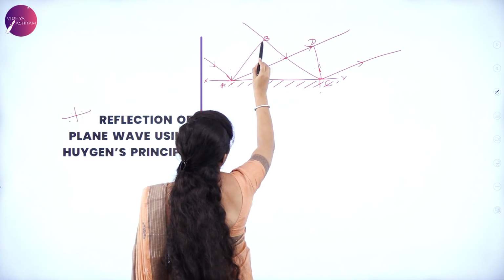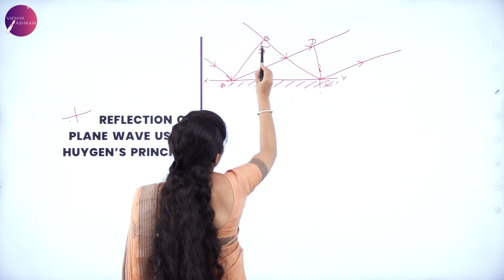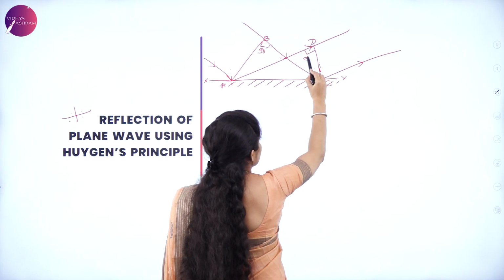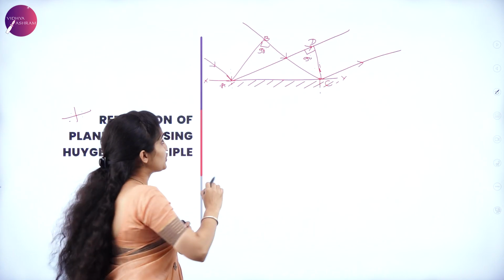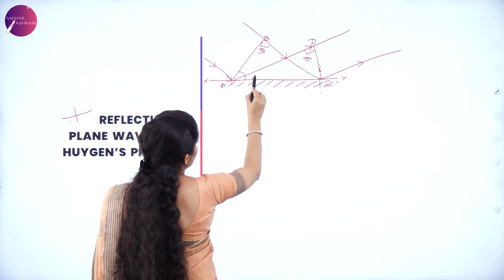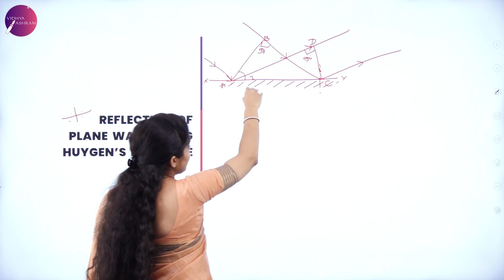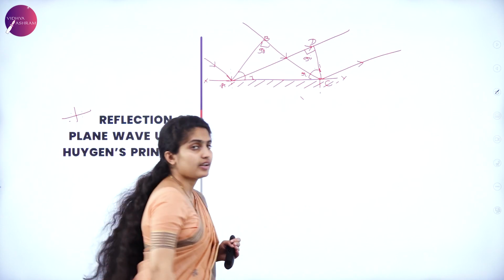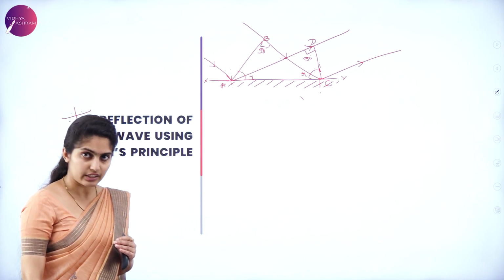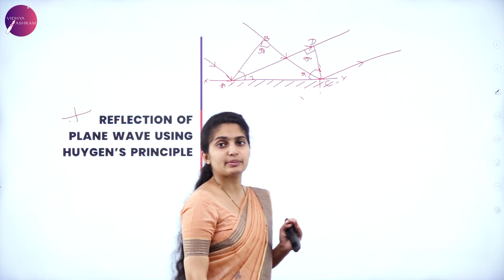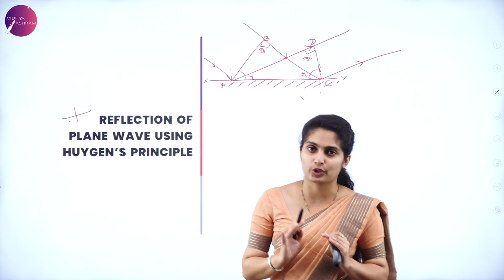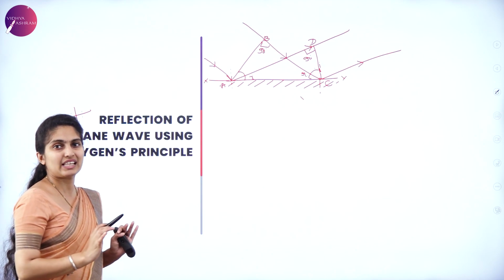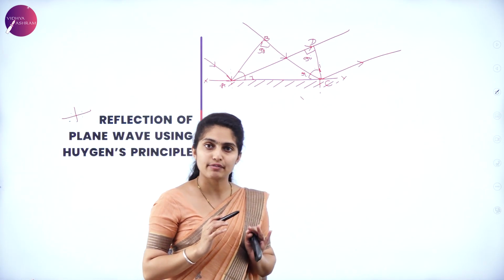So B makes 90 degrees, and D with respect to ADC makes 90 degrees. Here we have the angle of incidence, because the incident ray is from this side, and here the reflection takes place, so you can write the angle of reflection there. Understood? These are the basic concepts for reflection of a plane wave using Huygens' principle, which is what we have done.